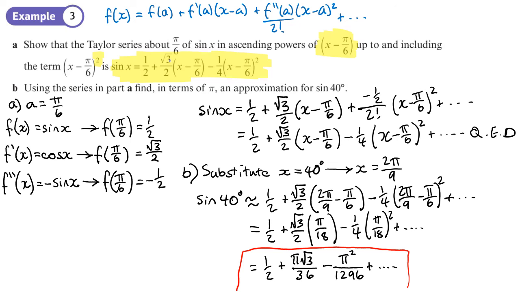What it might be interesting to do, I'm not going to do it, but what you could do is compare that answer to what the actual answer for the sine of 40 degrees is, or sine of 2 pi over 9. And actually I think I will do it. So let's have a look. This is just extra work.